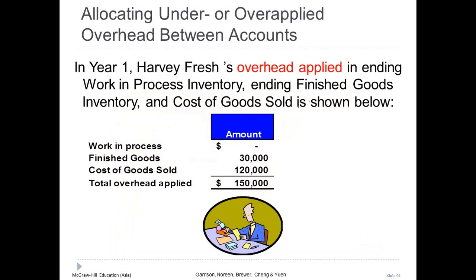So let's assume at the end of the period, Harvey Fresh applied $150,000 overhead costs in each of the following accounts: $0 to work in process, $30,000 to finished goods, and $120,000 to cost of goods sold. We could elect to allocate the over or under applied overhead to ending work in process, ending finished goods, and cost of goods sold.